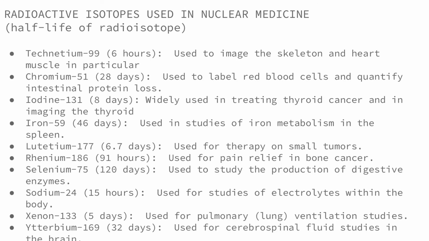And I'm not going to go through all of these, but if you notice how many different fields of study use isotopes. Okay, so maybe we're imaging the skeleton, so we're looking at the body, or labeling red blood cells, treating cancer, okay, or looking at the metabolism, or pain relief.